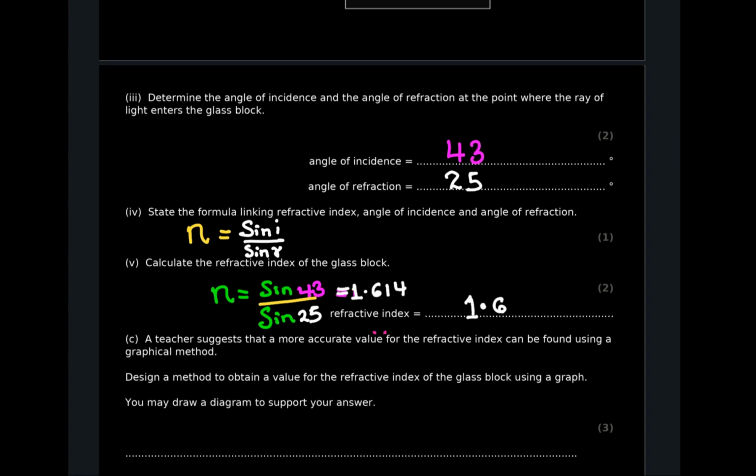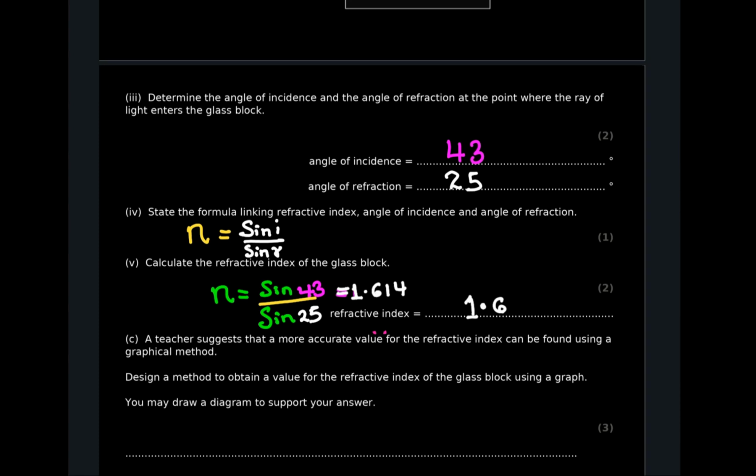A teacher suggests that a more accurate value of the refractive index can be found using a graphical method. This method that we have used above, that has given us 1.6, we have just made use of two angles, 43 and 25. So chances are there could be errors, and that's just one point that you have used.